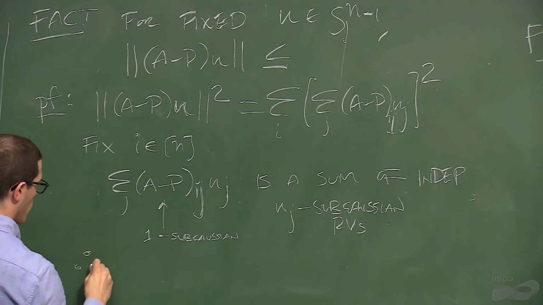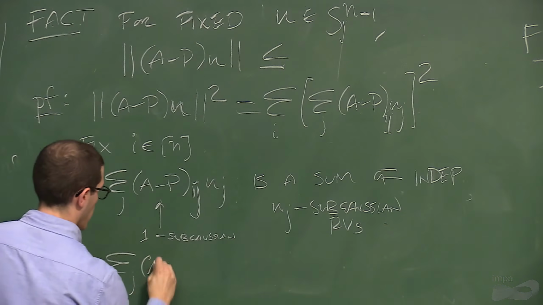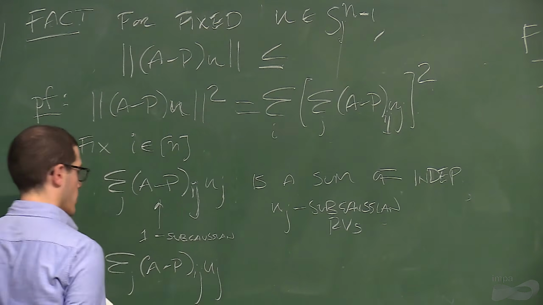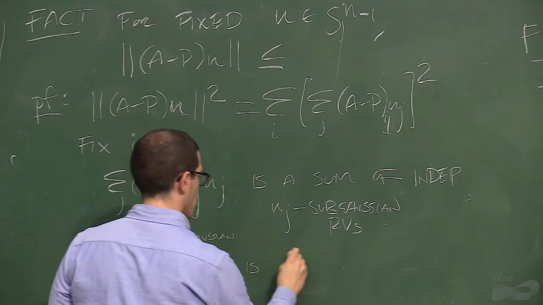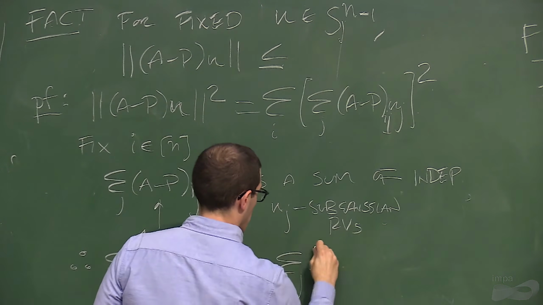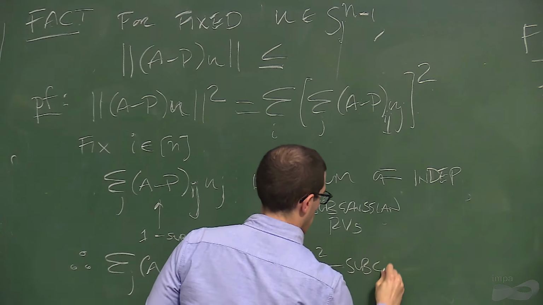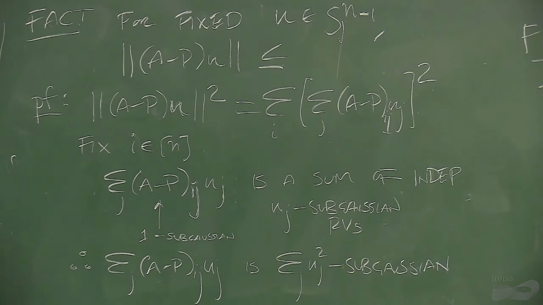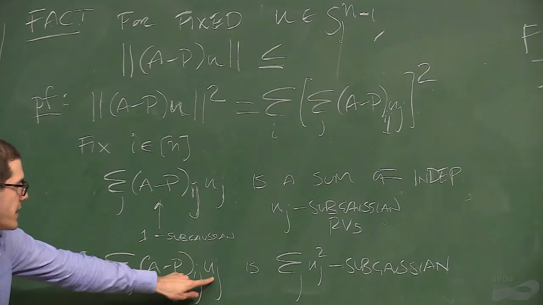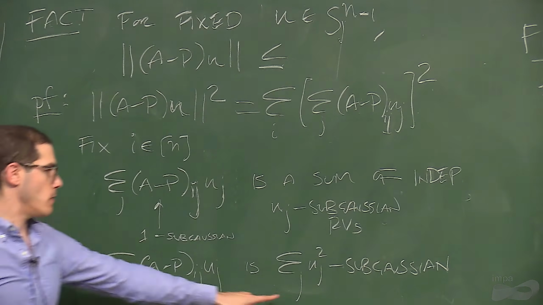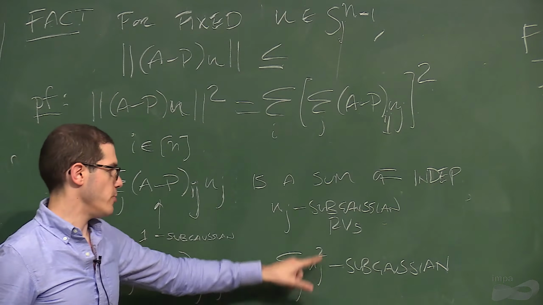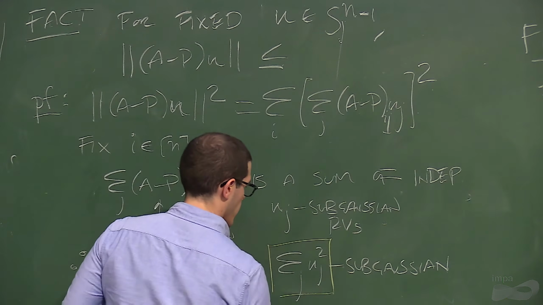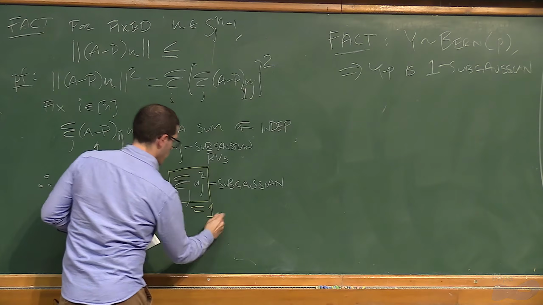So therefore, sum over all j, the ij entry, that guy is, okay, so each one of these is 1 sub-Gaussian. I'm scaling them all by u_j. So in the end, I'm summing over all j, u_j squared sub-Gaussian. u is a unit vector. This thing just equals 1. Okay.